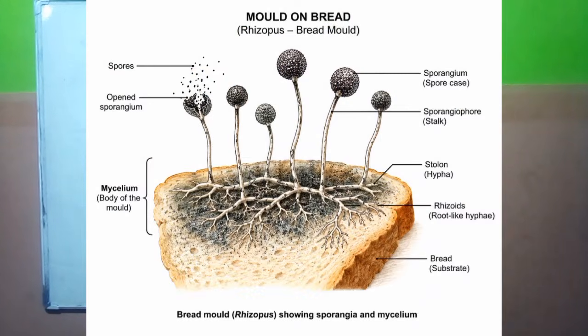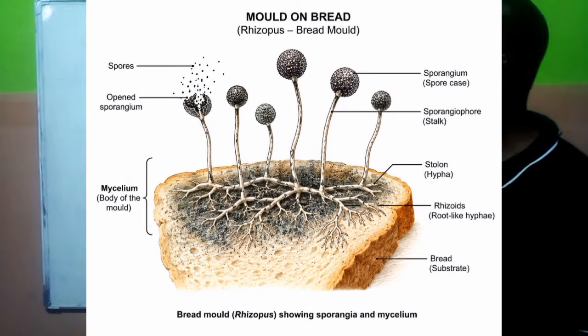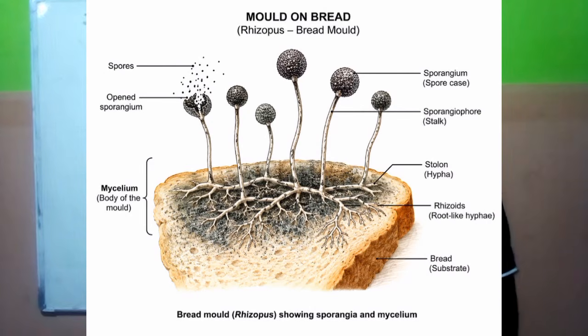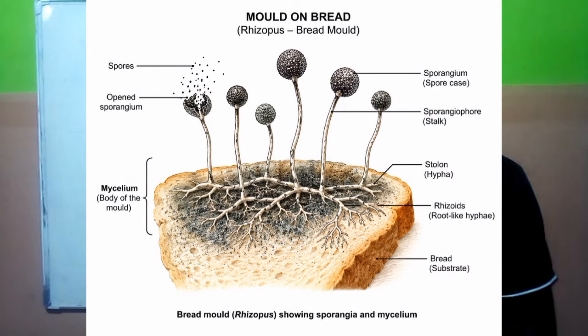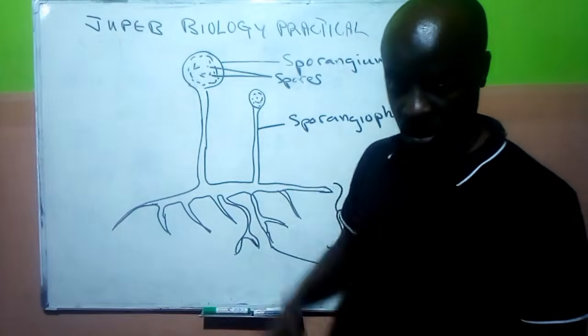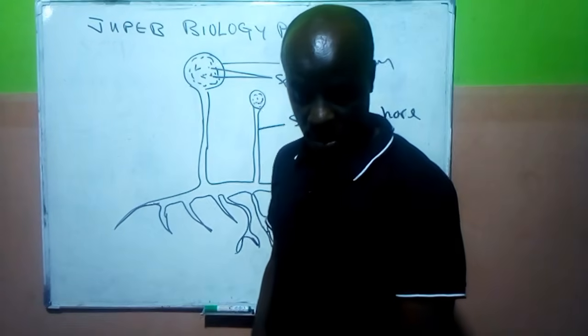Reproduction in this one is by conjugation, a kind of primitive sexual reproduction. When they conjugate, they form a zygote that will grow to form the sporangium where the spores will be inside.